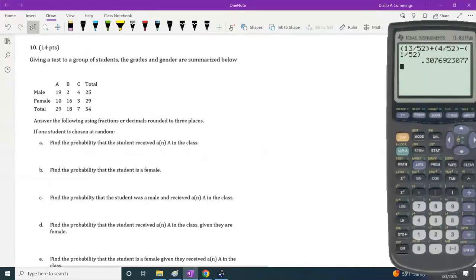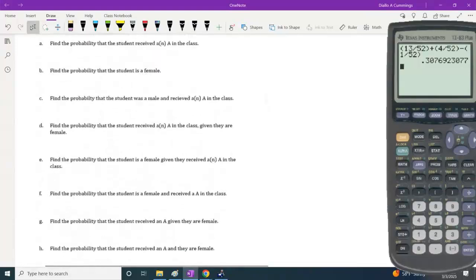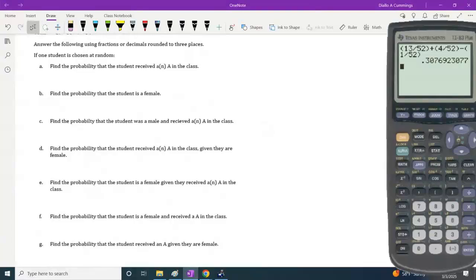All right, let's look at number 10. This is the contingency table that we talked about last time. So remember with the contingency table, anytime you see the word given, let me just go through these. So A doesn't contain the word given.